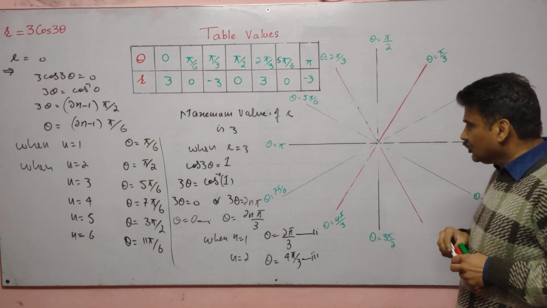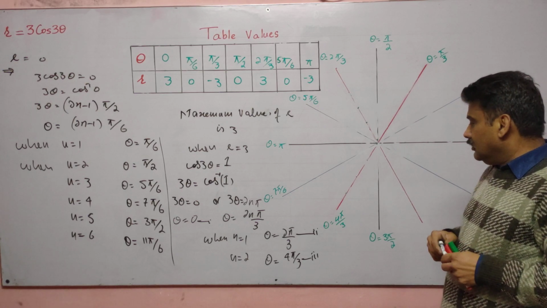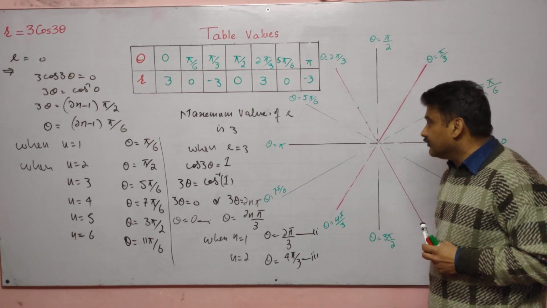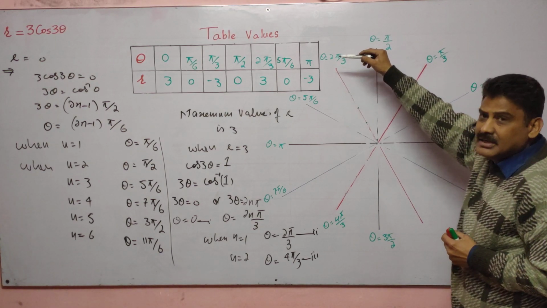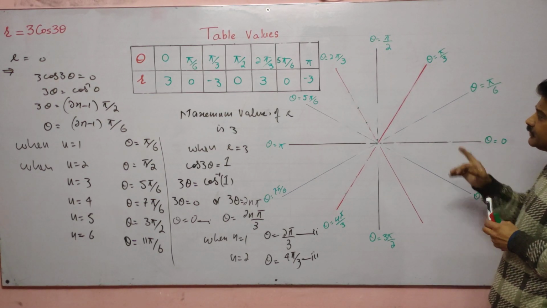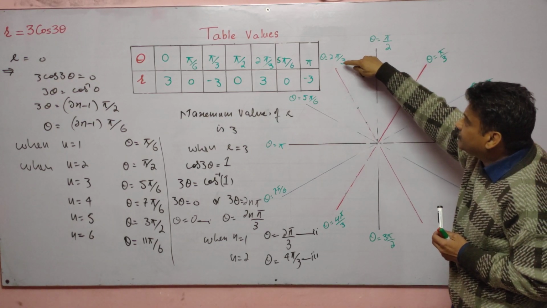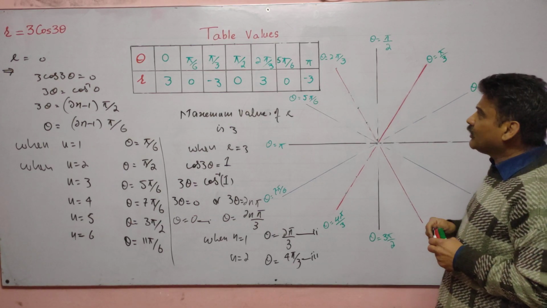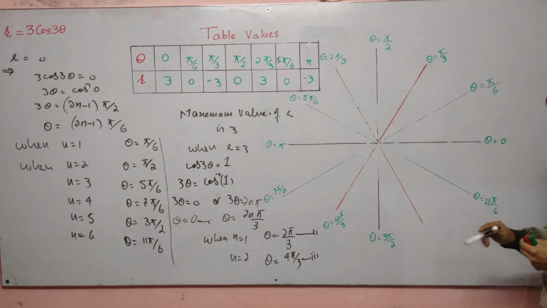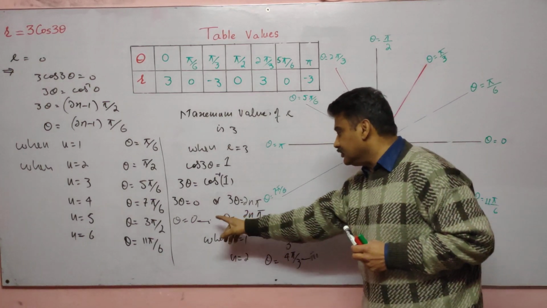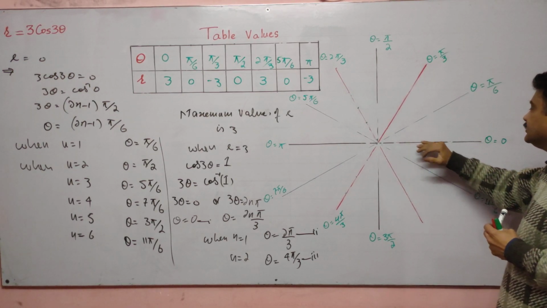After this, the second loop of the curve lies on the line θ = 2π/3. This is the line θ = 2π/3. The second loop lies on this line because the value of r is maximum at this line, and the maximum value of r is 3. So we take 3 on these three lines. On the first line θ = 0, the maximum value of r is 3.